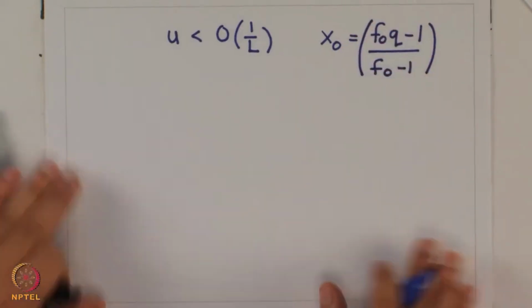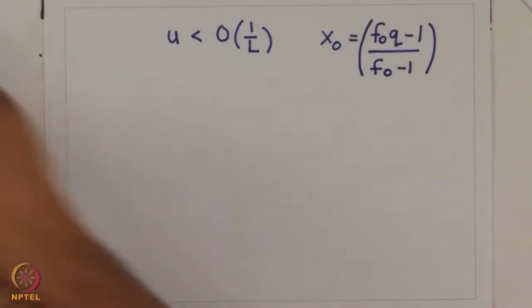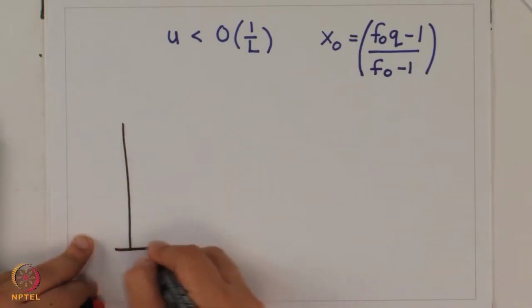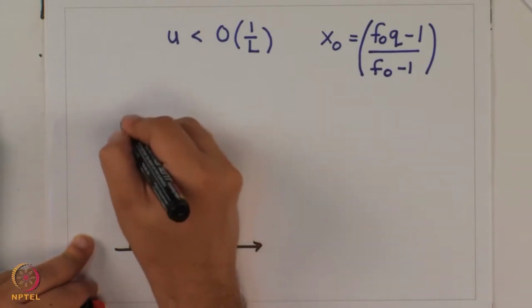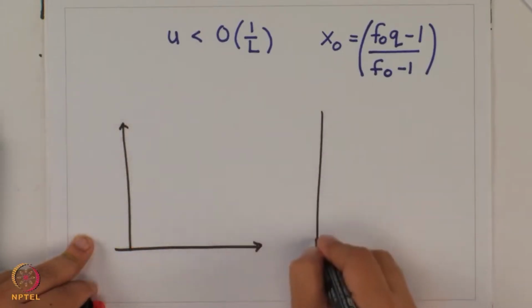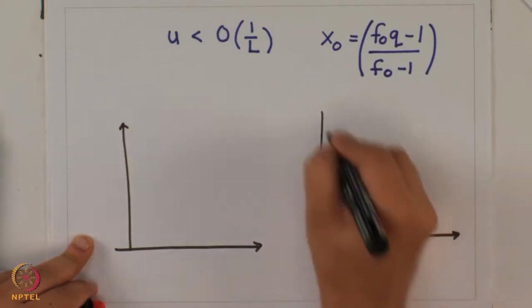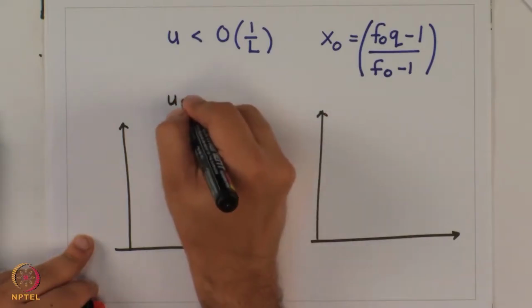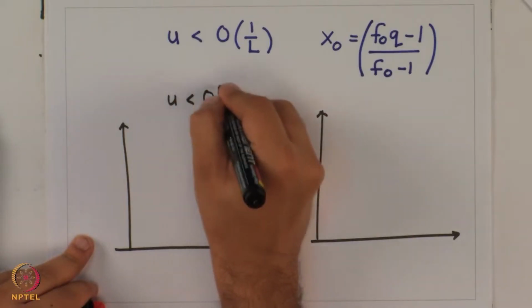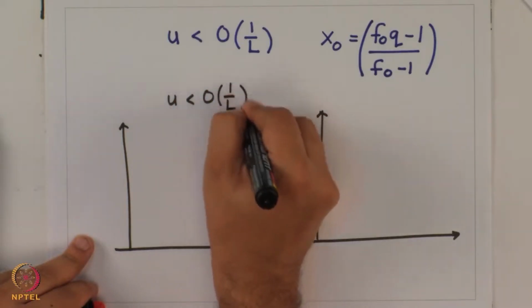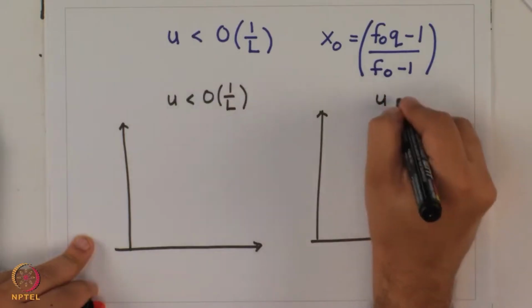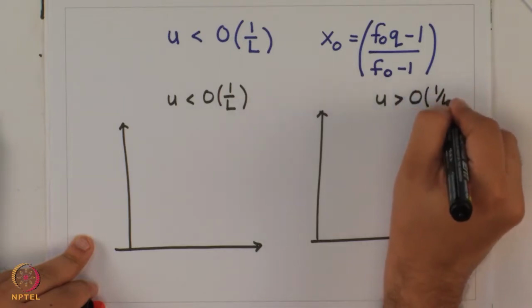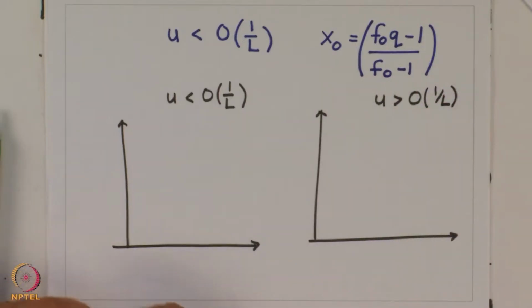In terms of the landscape that we had drawn this picture for, let me represent these two cases of high and low mutation rate. This is the case where u is less than order of 1 by L, and this represents the other case where mutation rate goes beyond 1 by L order of magnitude.